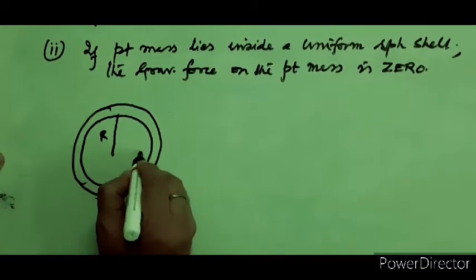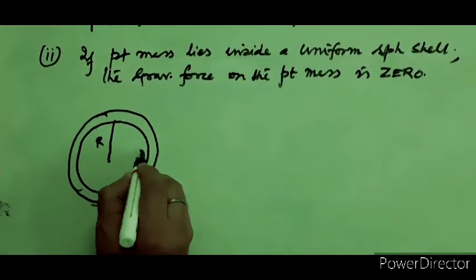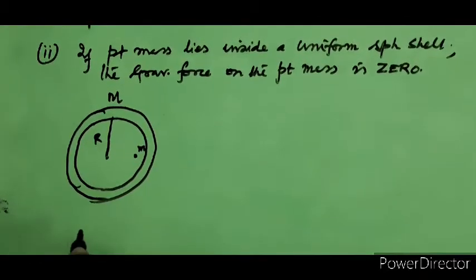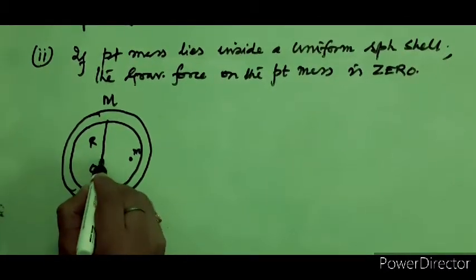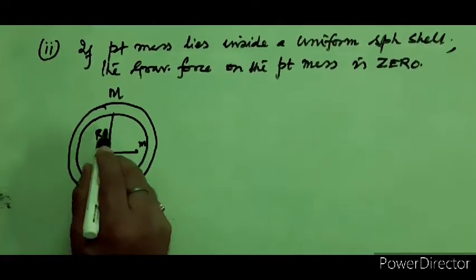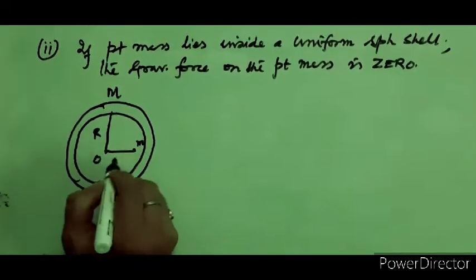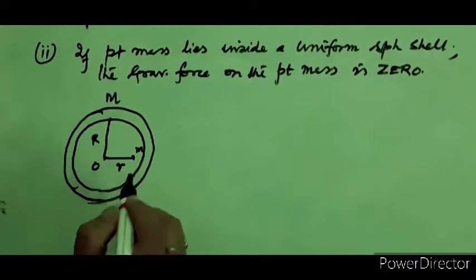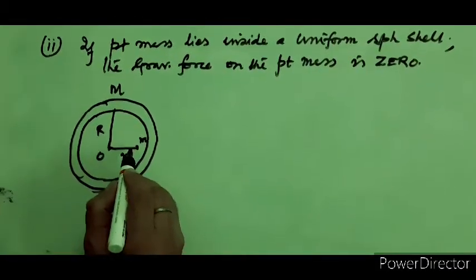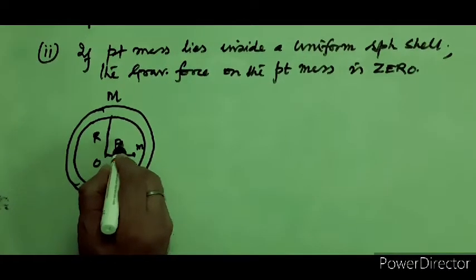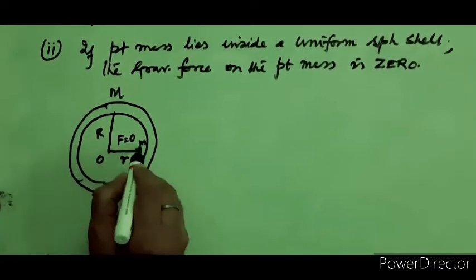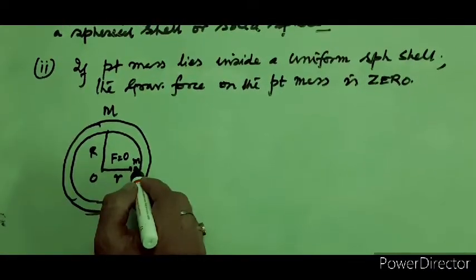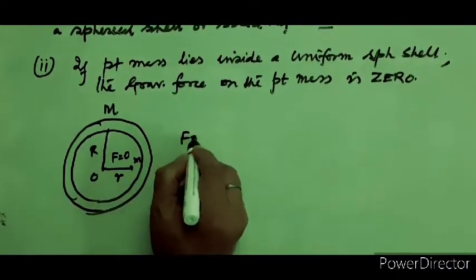Now the point mass is here inside, and the whole mass of the spherical shell is this, and the distance between the center of the spherical shell and the point mass is small r. Then the force is equal to 0. The force between this particular spherical shell and the point mass is 0.